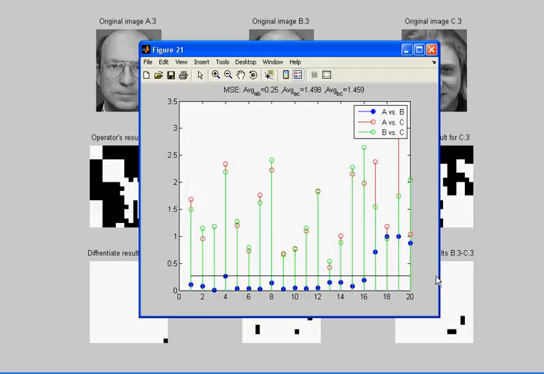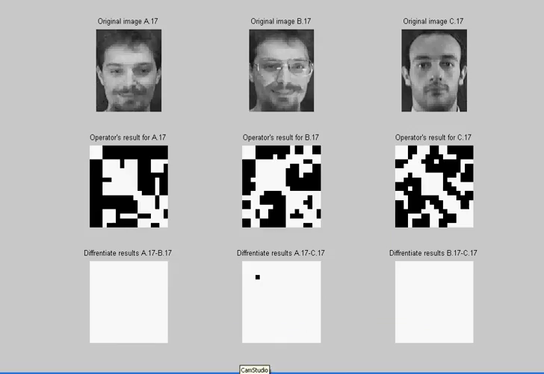That threshold indicates the authentication. The last 4 images in the database are images that do not meet our main assumption. For example, A17 was lighted from a different angle than B17, as you can see.